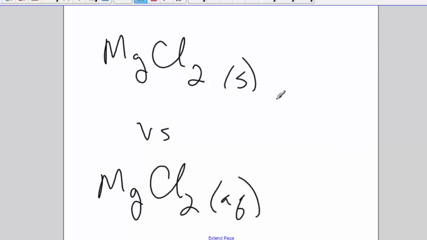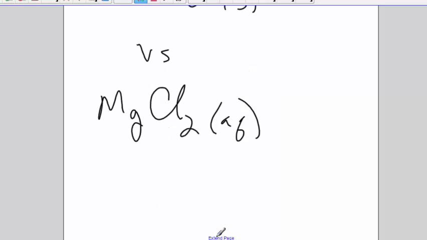If I'm talking about MgCl2 solid, I would just write it like that, MgCl2 (s). On the other hand, MgCl2 aqueous isn't written like that, because remember what I said about reflecting reality? MgCl2 does not stay together in solution. In solution, the ionic compound breaks up, which is why it dissolves.